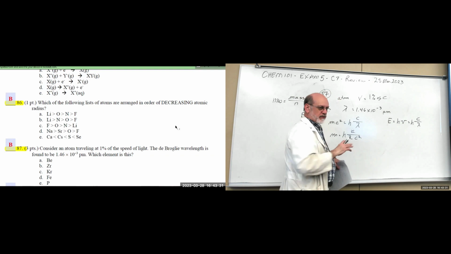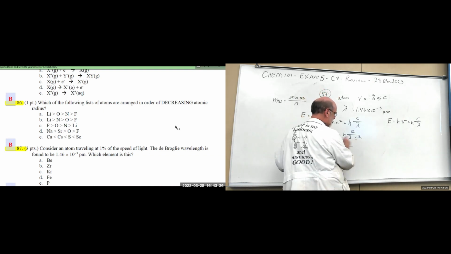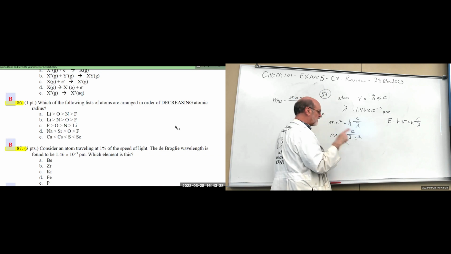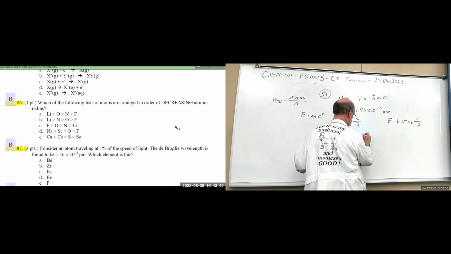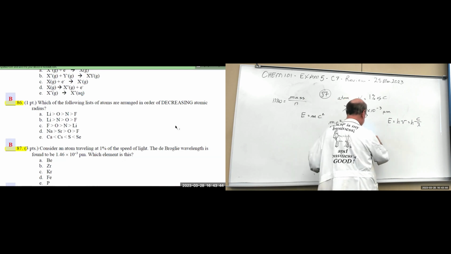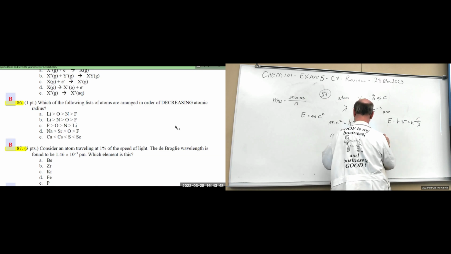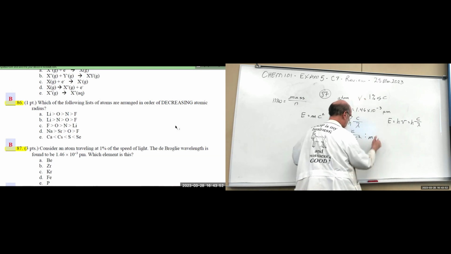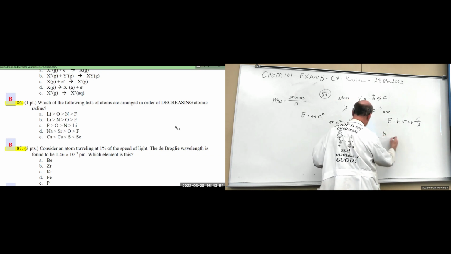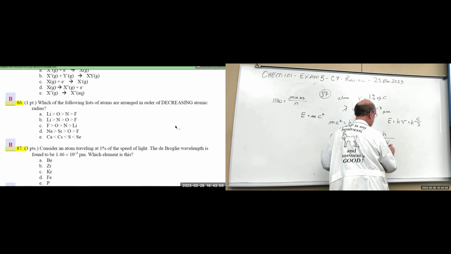But for de Broglie's application, we don't want c, we want the actual velocity. So for our purposes, mass is equal to Planck's constant in the numerator, divided by the de Broglie wavelength times the actual velocity.